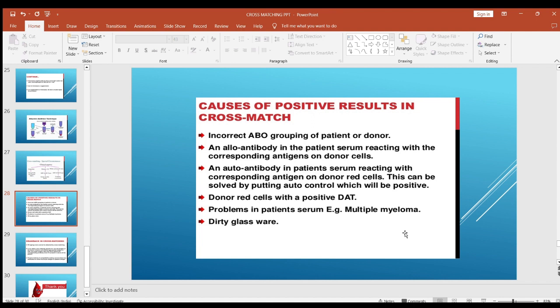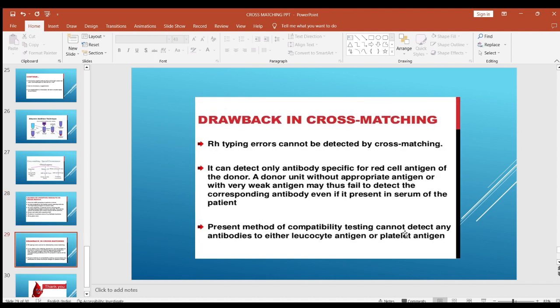This can be solved by putting an autocontrol, which will be positive. Donor red cells with a positive DAT. Next, problems in patient serum, for example multiple myeloma. And the last factor is dirty glassware. These are the causes of positive results in the cross matching test.